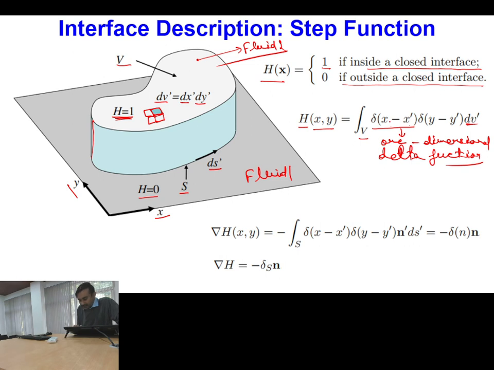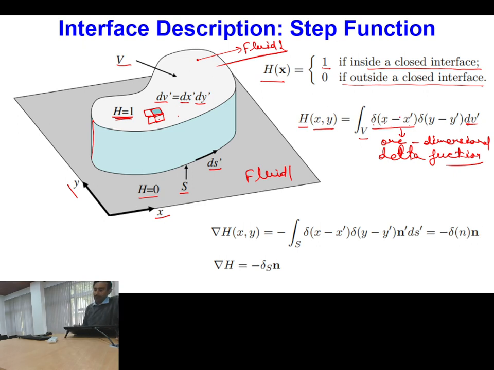It means that if x is pointing equal to x dash, then this delta function will be equal to unity. If I am pointing to any point outside the x dash, then the value of the one-dimensional delta function will be equal to 0.